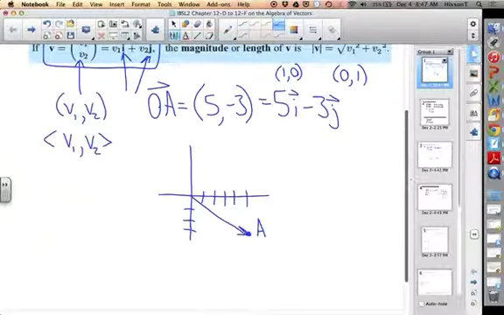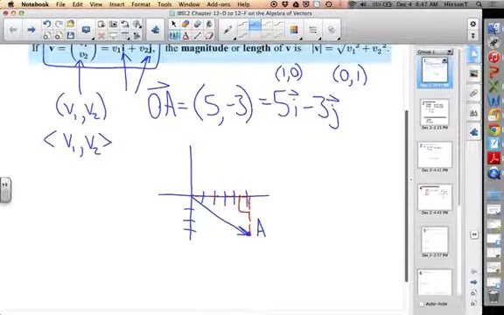So here we have this, and you remember that the length of that drawn vector represents the magnitude. If we're trying to find the length of this, then you can naturally see that we can make a right triangle here.